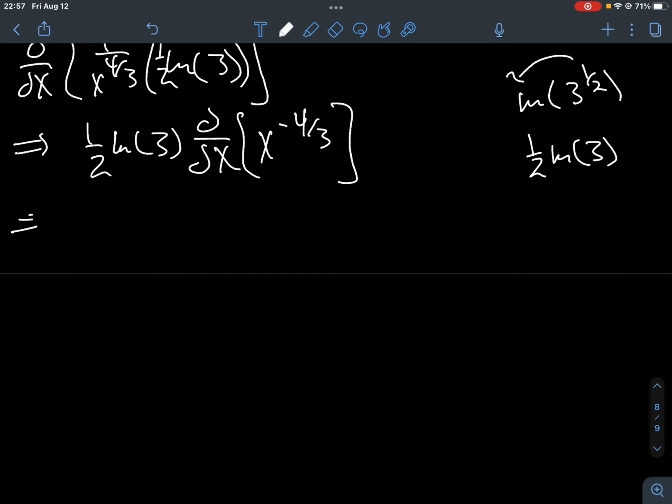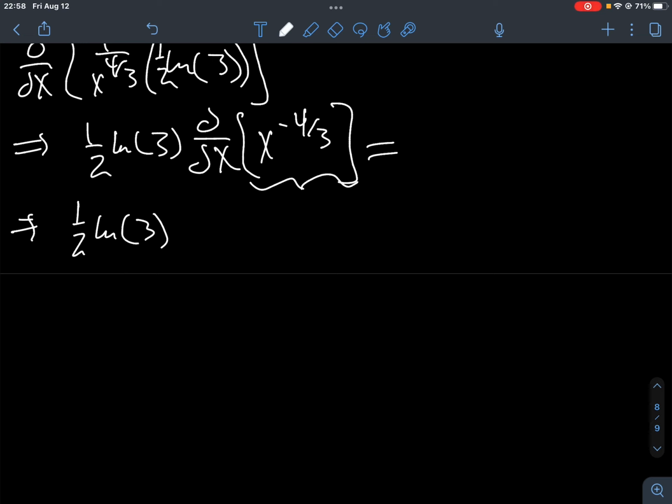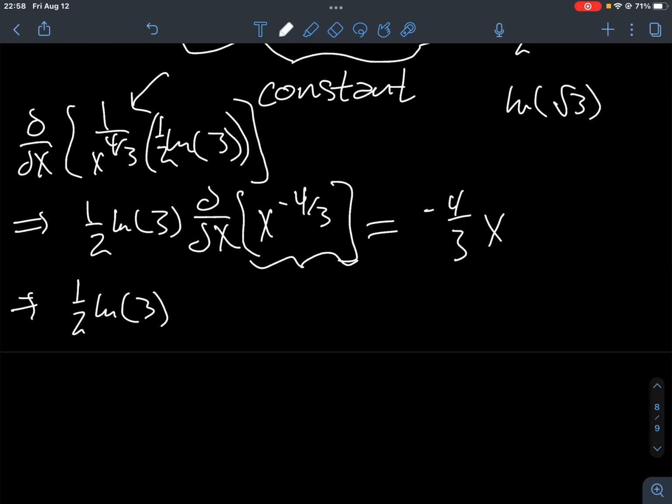So all we have to do is take the derivative of this and multiply it by the constant. What's the derivative of this? Well, that's just negative 4/3 x to the negative 4/3 minus 1. So negative 4/3 minus 1 equals negative 7/3, which we can rewrite as negative 4/3 x to the 1/3 power.